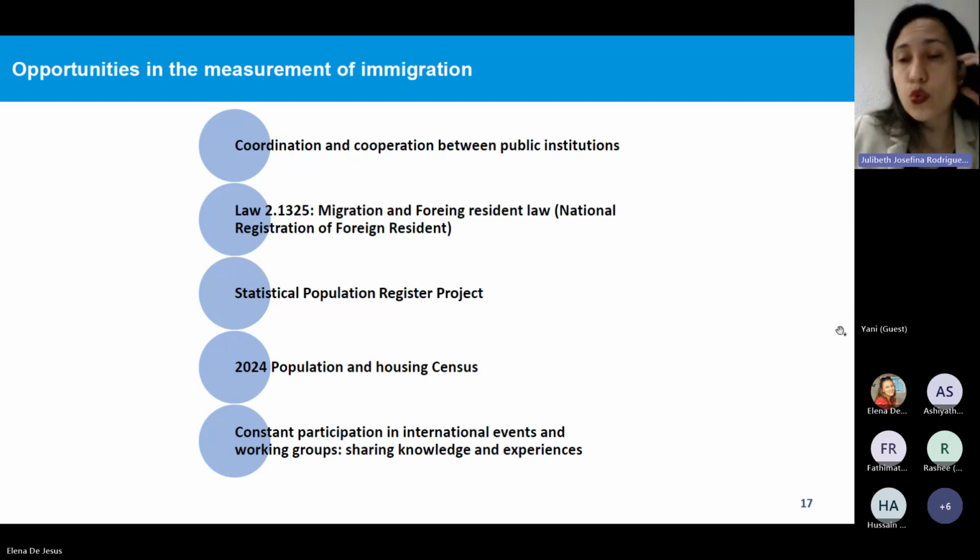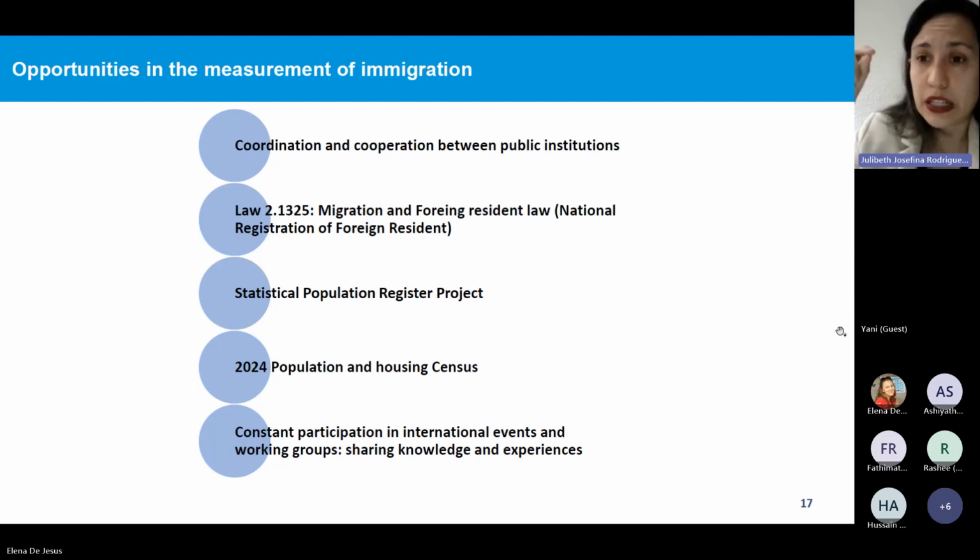And recently, in 2021, in Chile, a new migration law was enacted, which in terms of management provides a definition of migratory categories, but also points out two guidelines that will have an impact on the future of statistical information as a source of information.